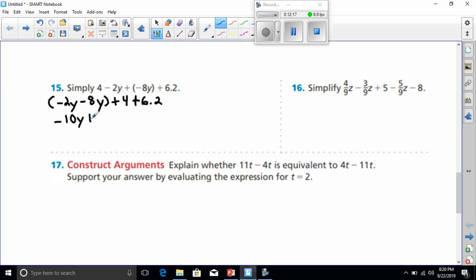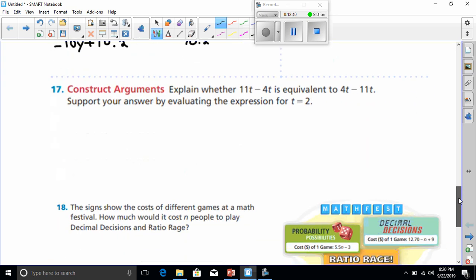Both signs are positive, so I know my answer is positive. And 6.2 plus 4 is going to give me 10.2. So that would be my answer simplified: -10y plus 10.2.